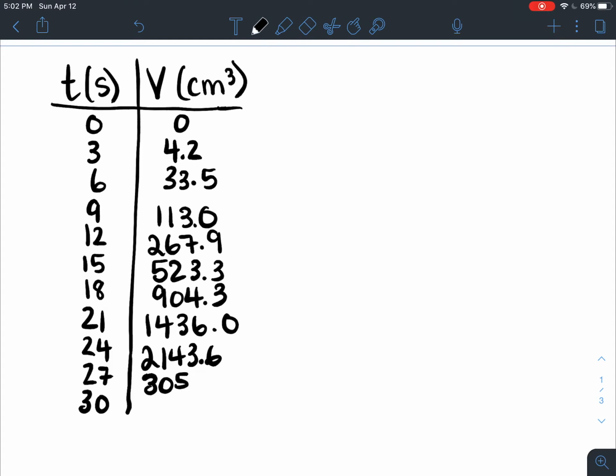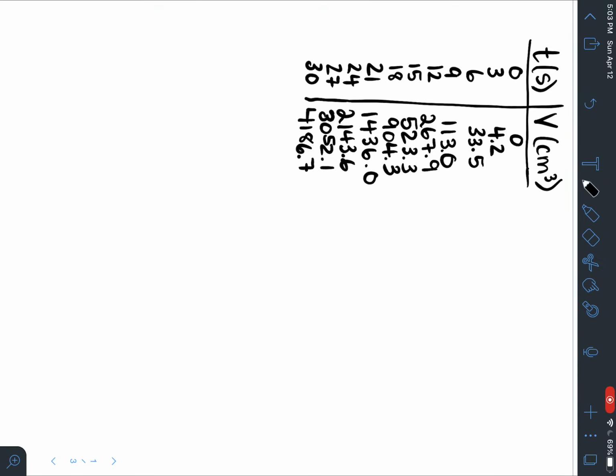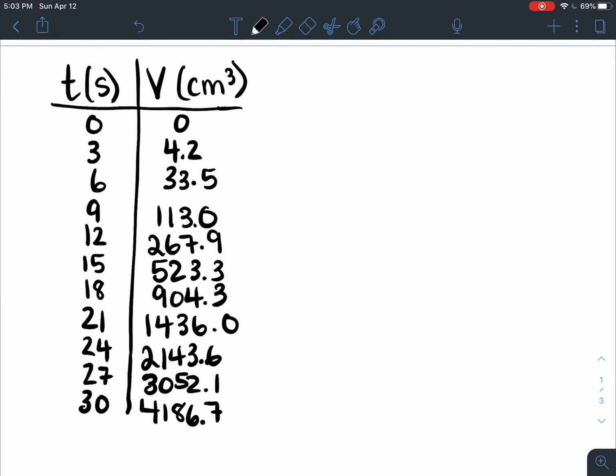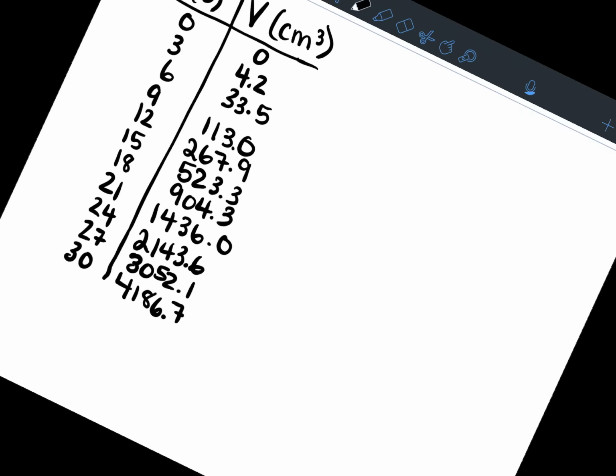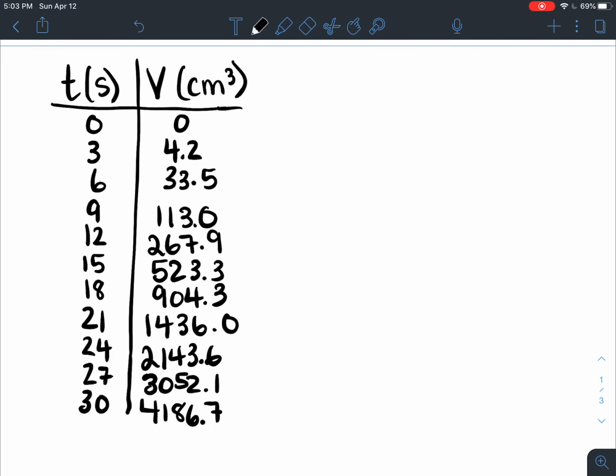Okay, there's all of our data for these helium balloons. In terms of variables, we've got time and we've got volume.